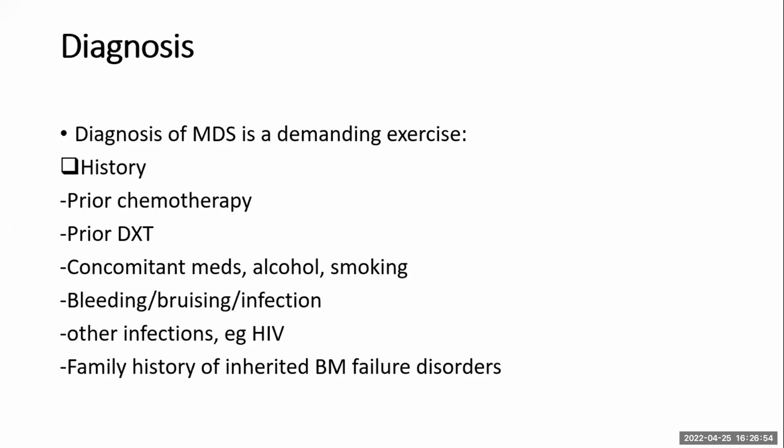And then things like bleeding, bruising, and infection as a result of the cytopenias that I talked about. And then other infections, again, like HIV, which is quite significant in the South African setting. Family history of inherited bone marrow failure disorders is quite important because we know the association between things like Fanconi anemia and progression of the disease into myelodysplastic syndrome.